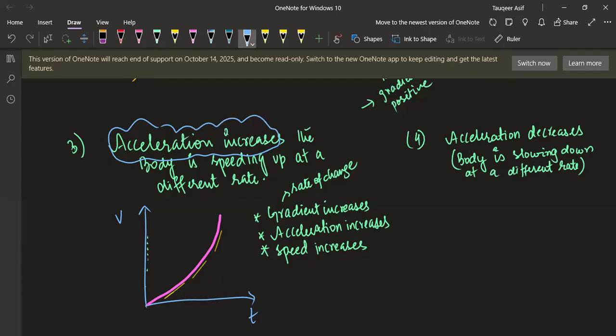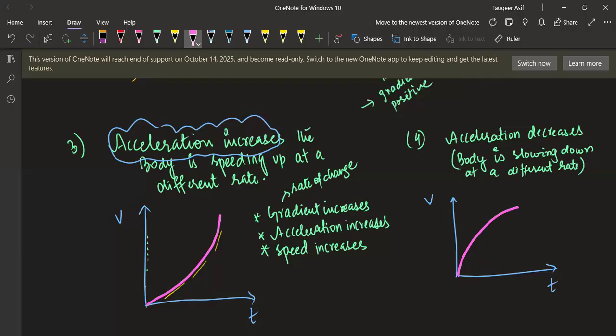So how would the speed time graph be? It is going to be a decreasing curve when the body has decreasing acceleration. When acceleration decreases, the speed time graph is going to be a curve, but a decreasing curve.